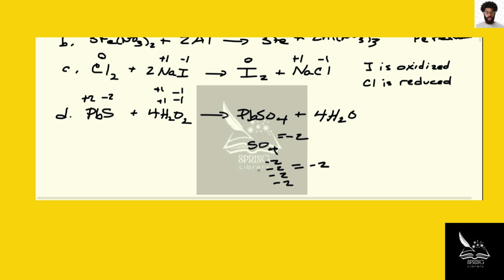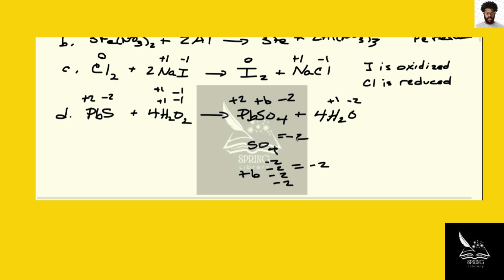So what -8 is -2? 6. So that means that the sulfur is +6. Each of the oxygens is -2. And so we added everything up to -2. That must mean the lead is +2. So the 2 with the -2 of the sulfate cancel out to 0. In water, oxygen's -2. It's not a peroxide, which must mean that each of the hydrogens is +1.